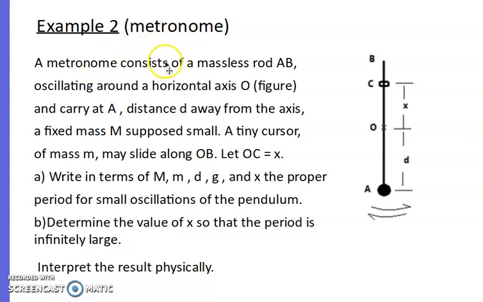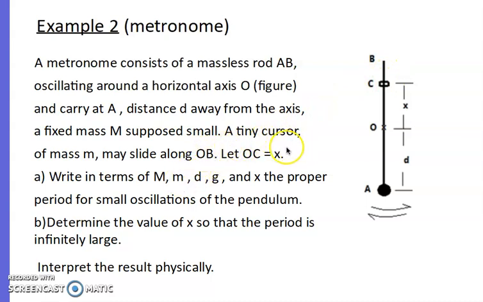It consists of a massless rod AB, oscillating around the horizontal axis O, and carrying at a distance d away from the axis a fixed particle m. Suppose here is a particle m. A tiny cursor of mass m along OB. Here the cursor slides along OB.